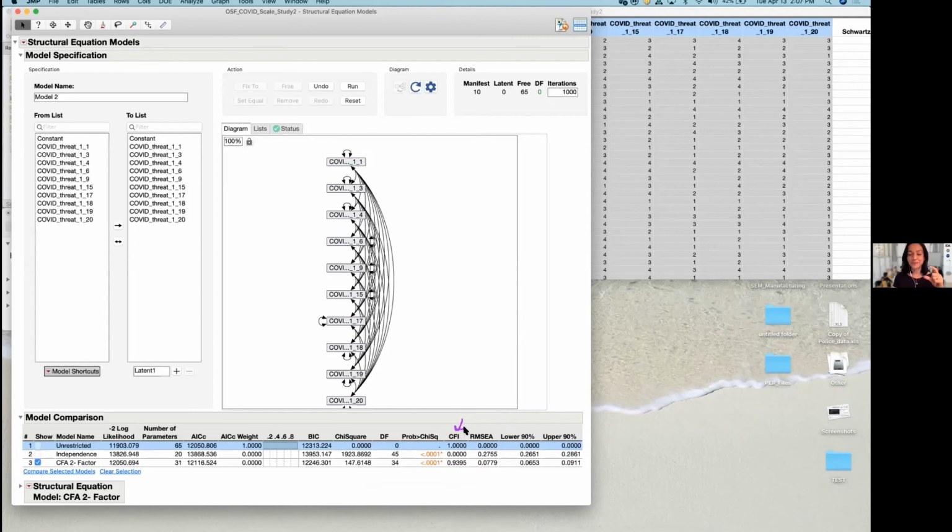It ranges from 0 to 1, where 1 is the best possible value. So the unrestricted model has a CFI of 1 because it's perfect fit. The RMSEA is the root mean square error of approximation, and that value also is bounded within 0 and 1. In this case it is the opposite of the CFI, because here we want the value to be as small as possible. So we have a 0, which is the smallest amount of the RMSEA. So that's what we would expect from a perfect fitting model.